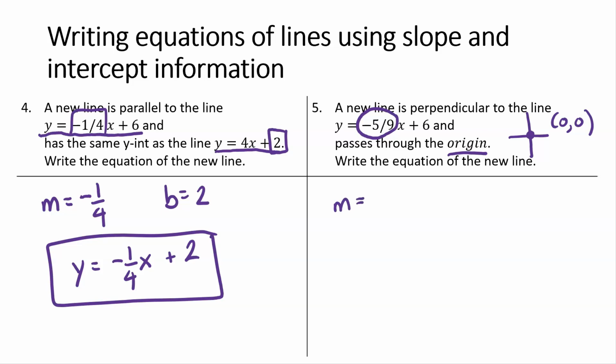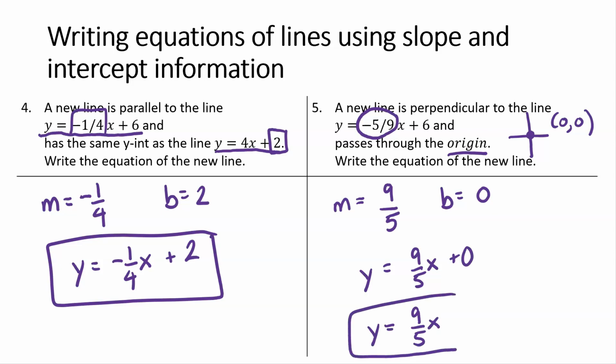The slope of the perpendicular line needs to be the negative reciprocal. So instead of -5 over 9, a positive 9 over 5. Whereas the y-intercept is 0. So your equation then is y equals 9 over 5 x plus 0, which you can just write as y equals 9 over 5 times x.